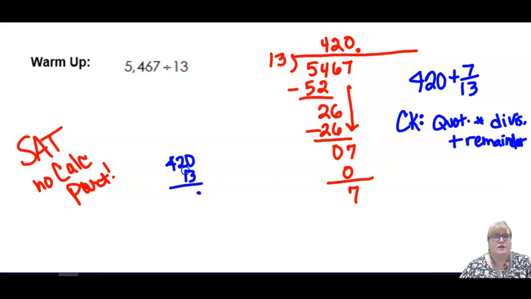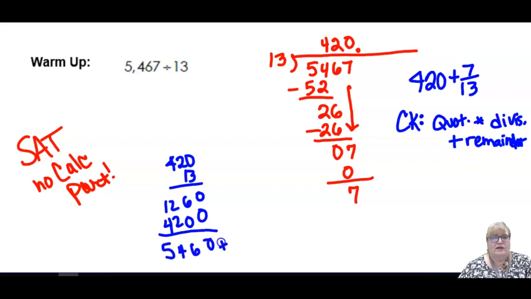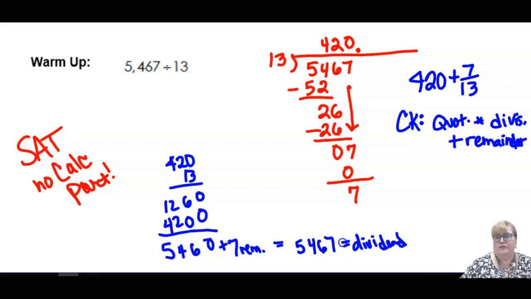You do 420 times 13: 0, 6, 12, then placeholder, 1 times 0 is 0, 2, 4. You'd add, and then you would add the 7 that was the remainder, and you'd get 5467, which should be the dividend. Okay, that's how you check.